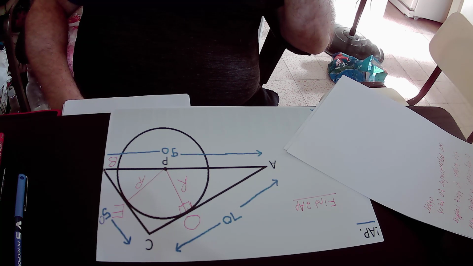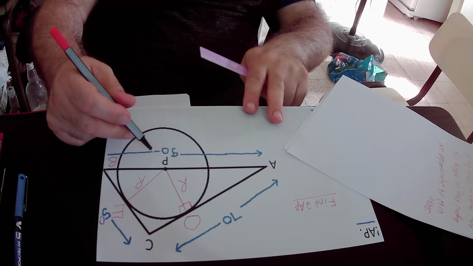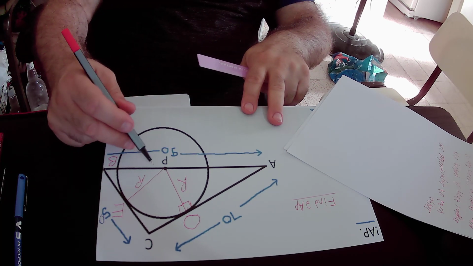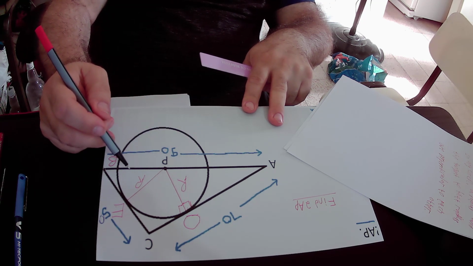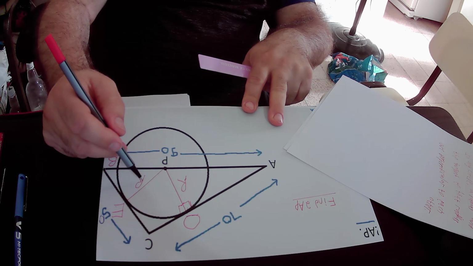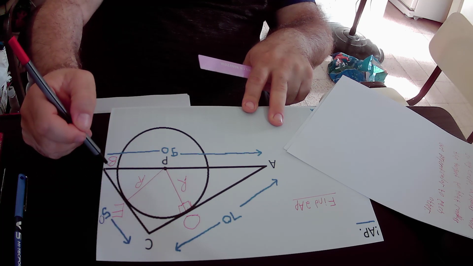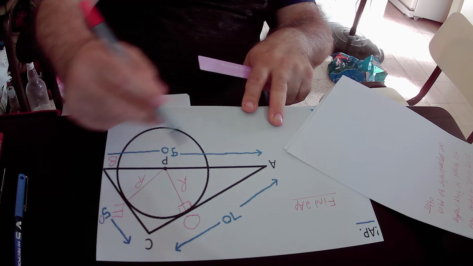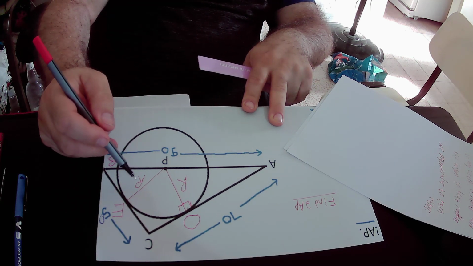And in the same way, we can say that because PE is the radius of this circle and the tangent to this radius is CB, according to our rule, they are perpendicular to each other.